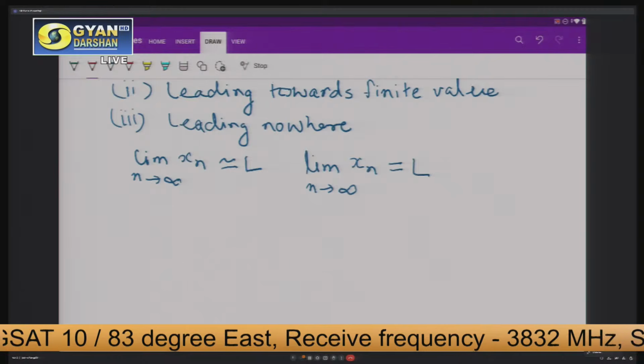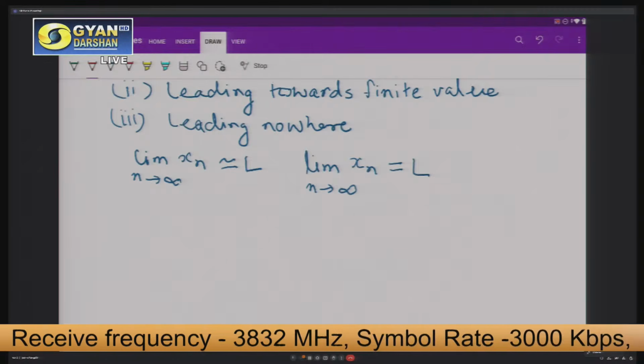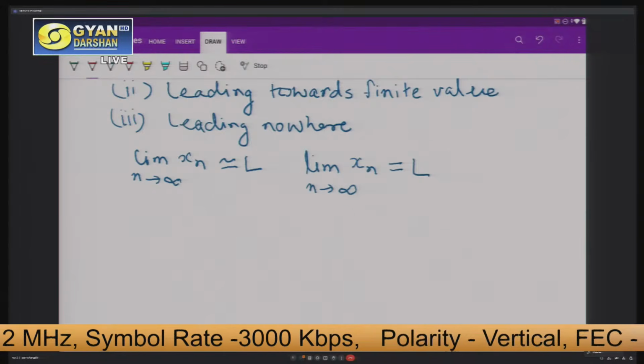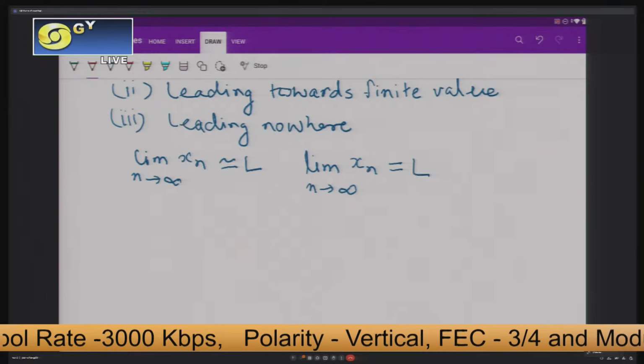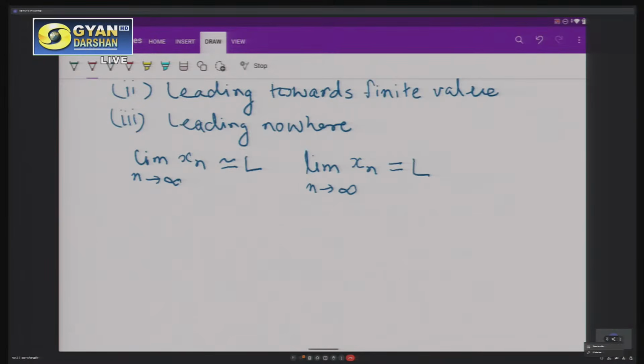When a function or a sequence has a limit, it means that the sequence is converging: as n is increasing, the sequence goes to a limiting value.